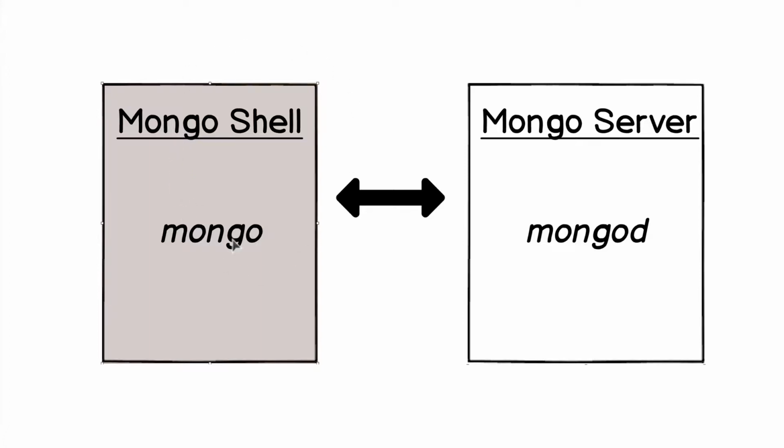Both Mongo shell and Mongo server are based on the JavaScript engine. In order to manage the MongoDB server, you can use the Mongo shell located on the same computer, but you can also manage a remote Mongo server using a local Mongo shell. For example, you can connect to a remote MongoDB server using the MongoDB shell installed on your local computer.